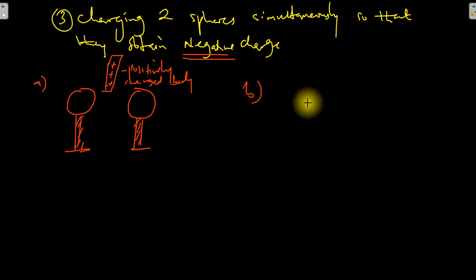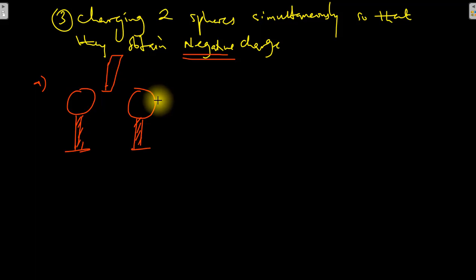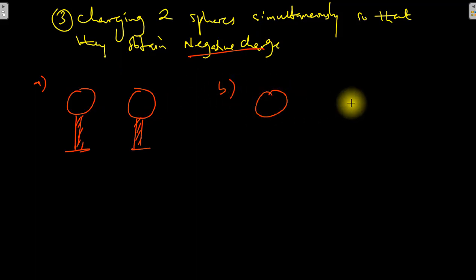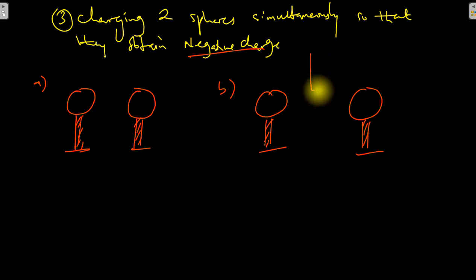The second step: we have our two spheres that are insulated from the earth. Since we want them to become negatively charged, at the second step I will introduce the charged object. So there we go with our positively charged object.